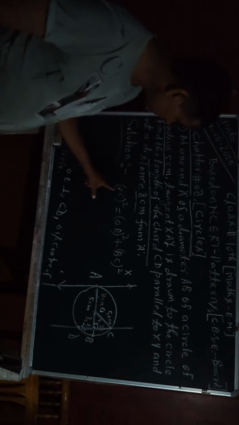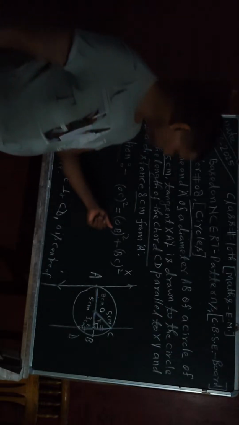Now I will substitute the values, the value of OC, the value of OB, and also the value of BC we have to find. The length of OC is 5 cm.